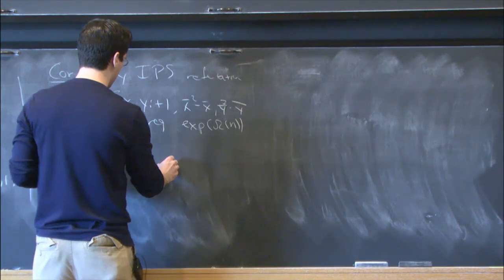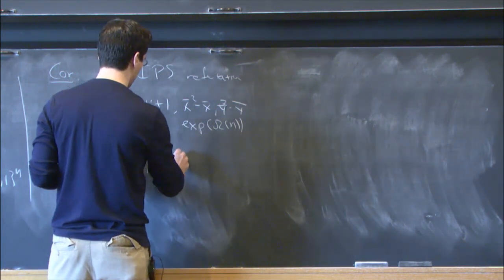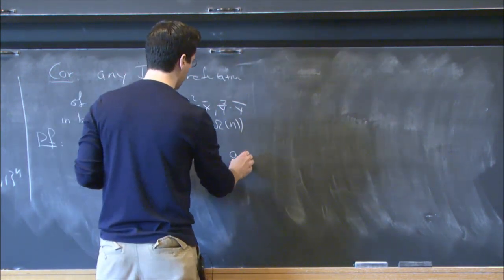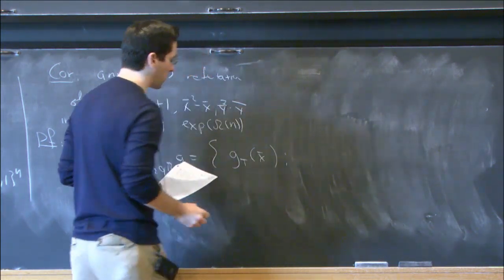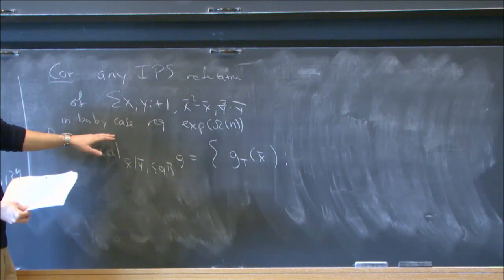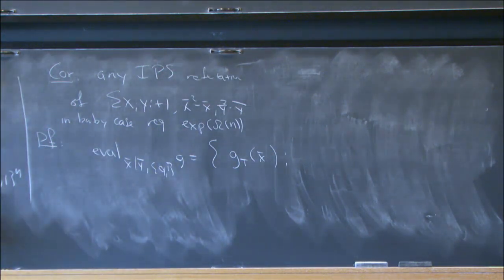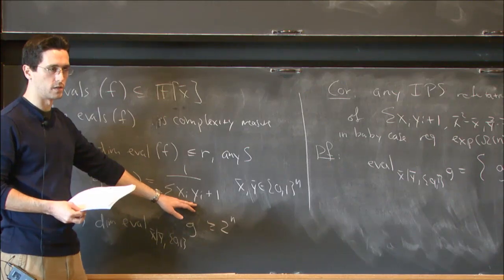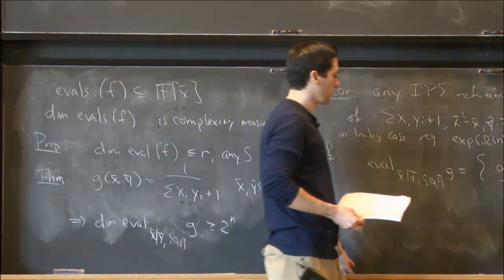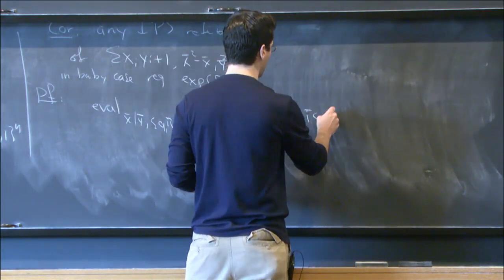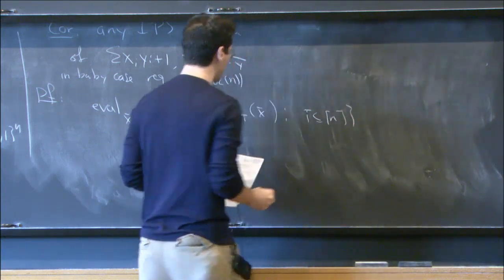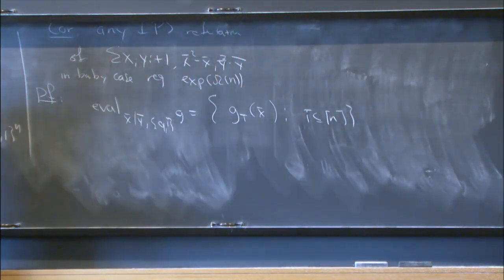If we evaluate y, all I'm telling you is some functional behavior of G. So if I evaluate G with some setting of y, I'm going to get some polynomial.